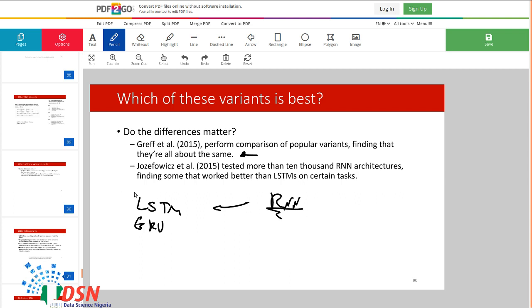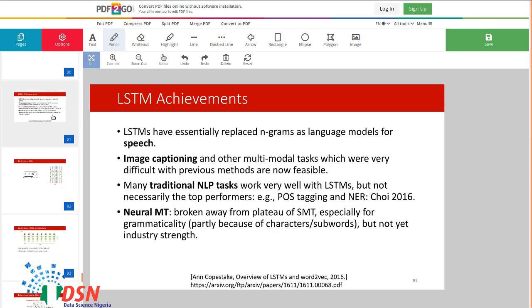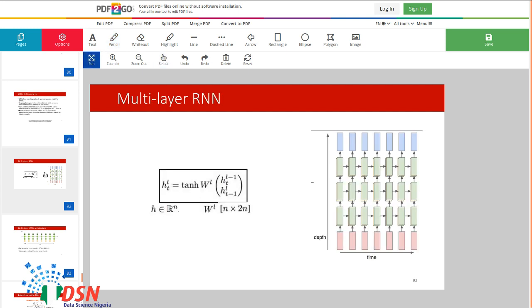So if you want to build a model for sequence prediction, you could use these units to build your RNN. LSTM is used in many areas, for example image captioning, traditional NLP tasks, neural MT, and so on. So they are a really commonly used building block for RNN architecture.